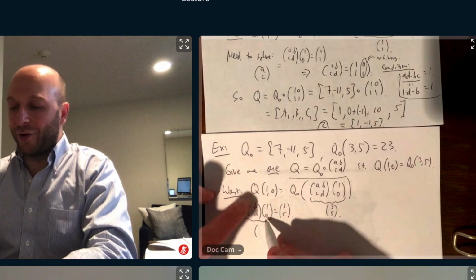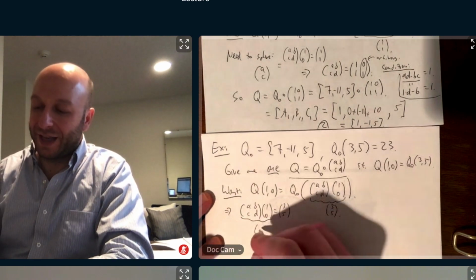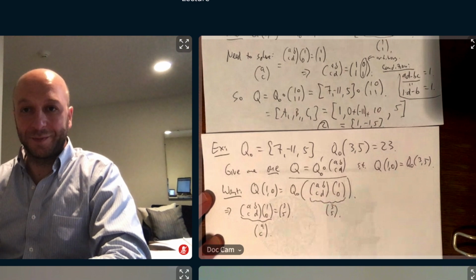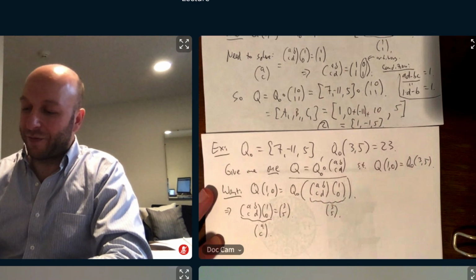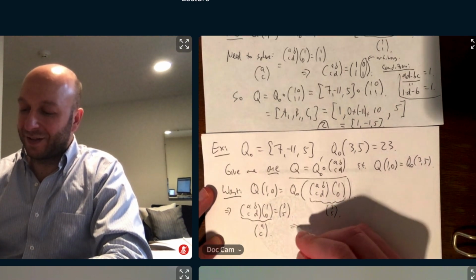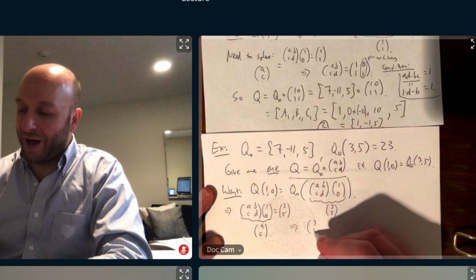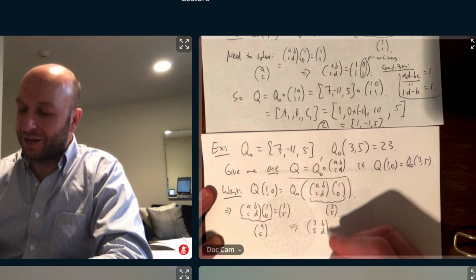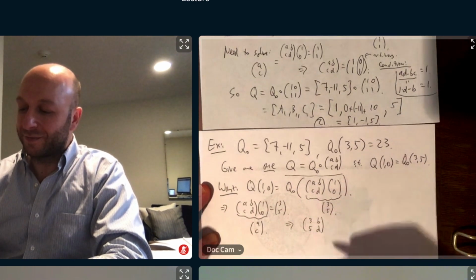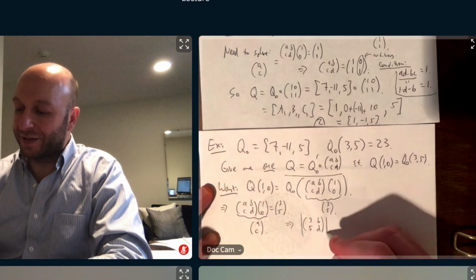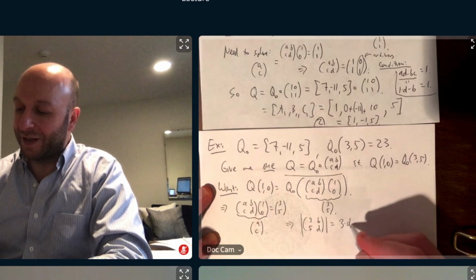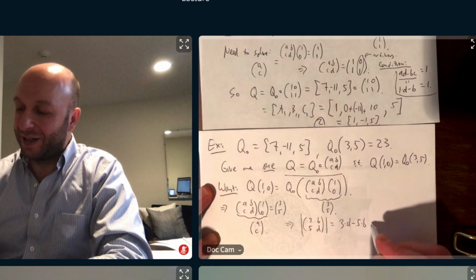A times 1 and no B's, C times 1 and no D's, that's AC. Same as before. So now we have a matrix 3, 5, and an unknown BD, and we want the determinant to be 1.